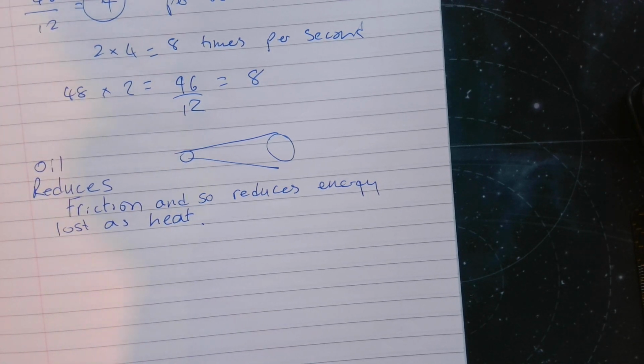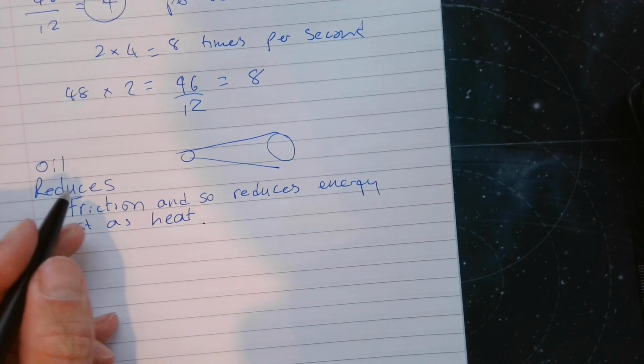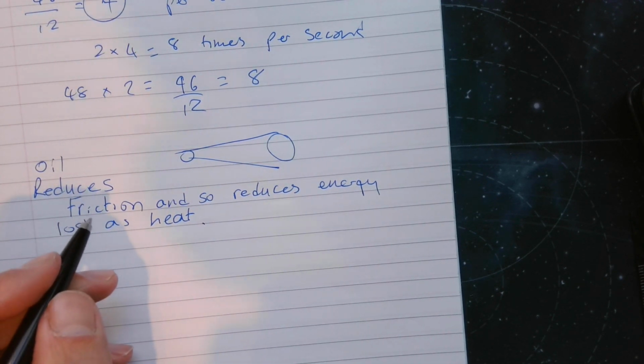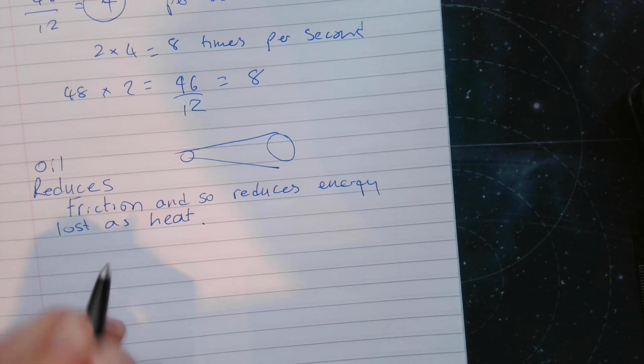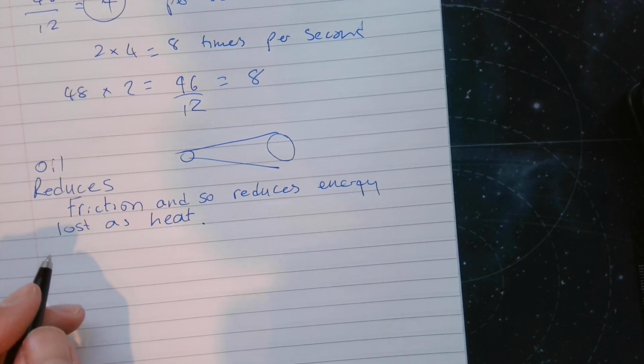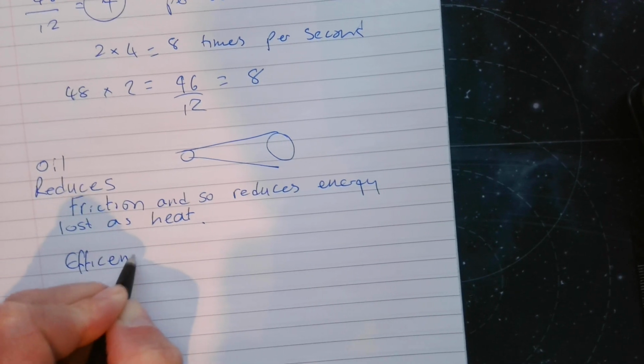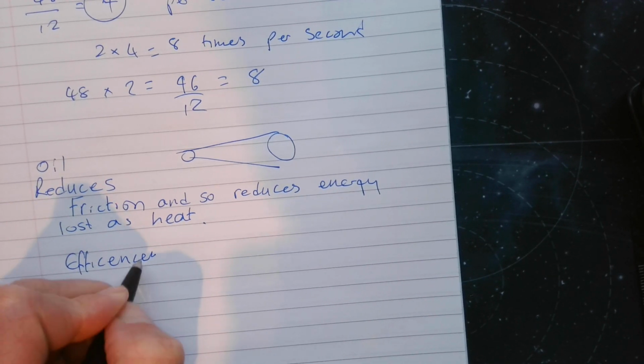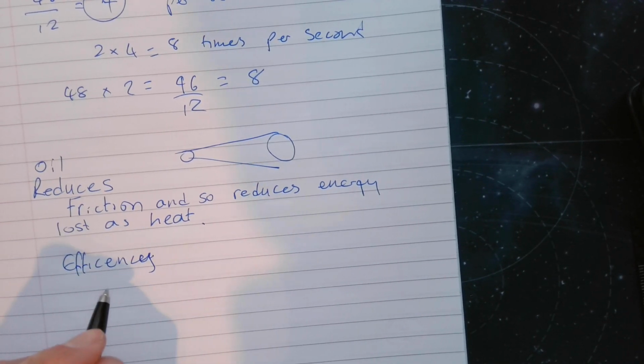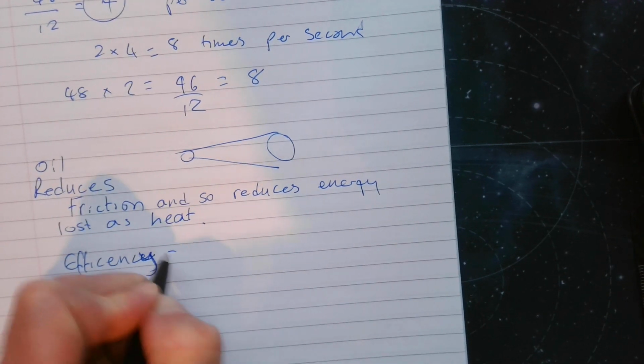Okay, so what we need to think about here is we're asked to demonstrate why efficiency is increased. So often when that happens, if we've got something like efficiency, we can write out the equation.